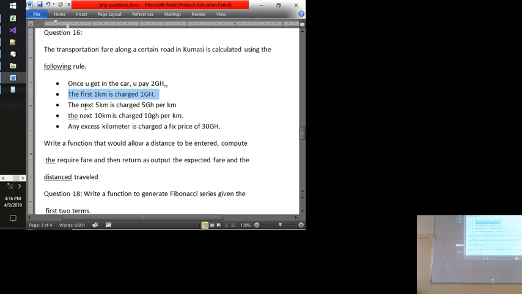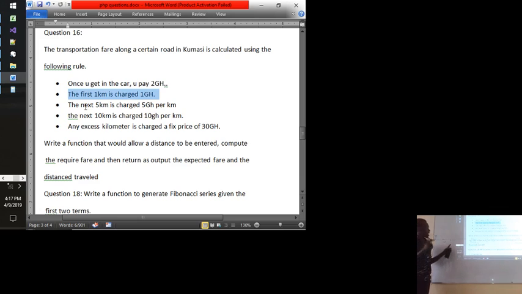I'm going for 9. Let's see this example. The person is covering 9 kilometers. You get it? Out of the 9, 1 kilometer is falling within this price. Yeah, okay, you'll be left with 8 kilometers.